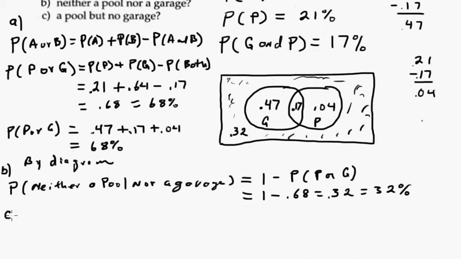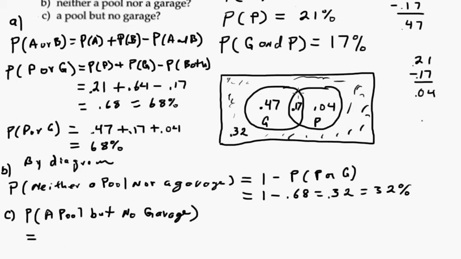Okay, last problem. Let's do C. A pool but no garage. This one's a little bit harder to look for a model to use, so let's just see if it makes sense. We want the probability that it has a pool, but no garage.